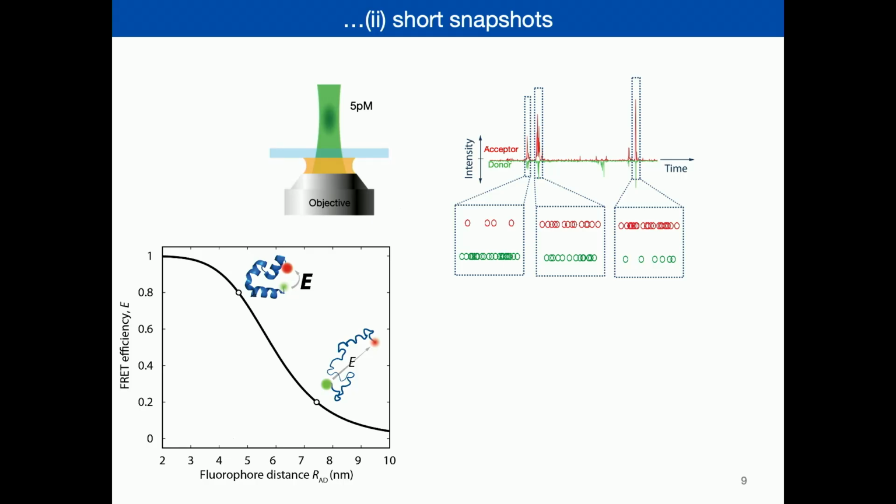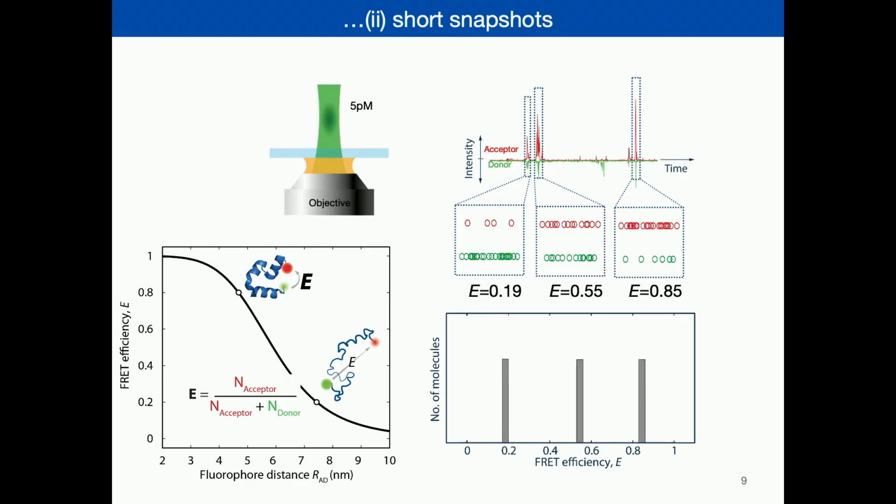And then you can calculate again from these photons, using this equation, the efficiency of all these 3 molecules, and you can put them in a so-called FRET efficiency histogram, and you do that not only for 3 molecules, but you wait a little bit longer, and then you can obtain a so-called FRET efficiency distribution, for instance.